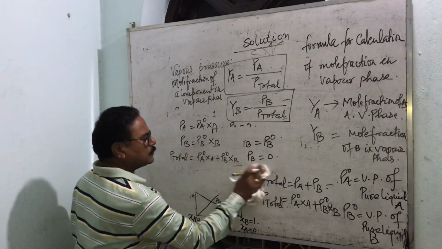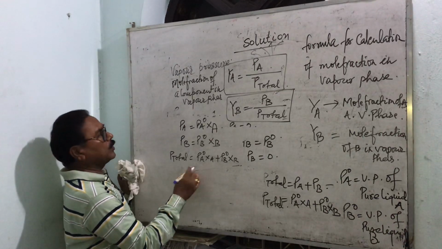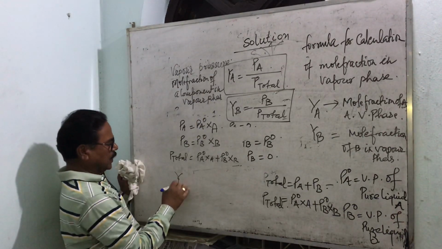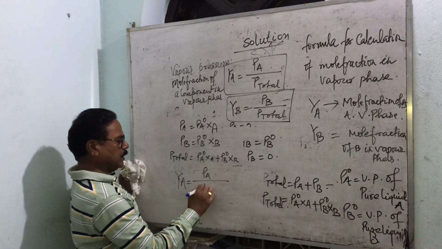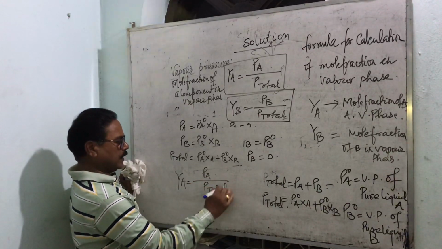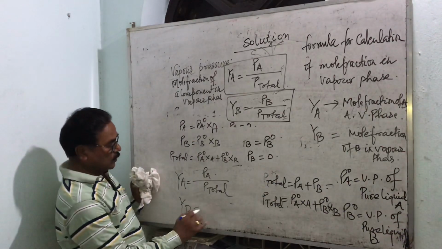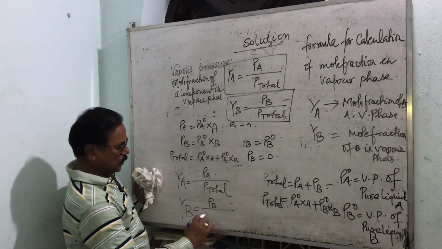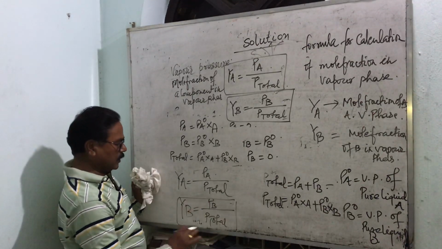Then the total pressure can be calculated. The mole fraction of a component in the vapor phase, YA, is equal to the partial vapor pressure of the component by P total, and for component B, YB is equal to PB by P total. This formula is very important.